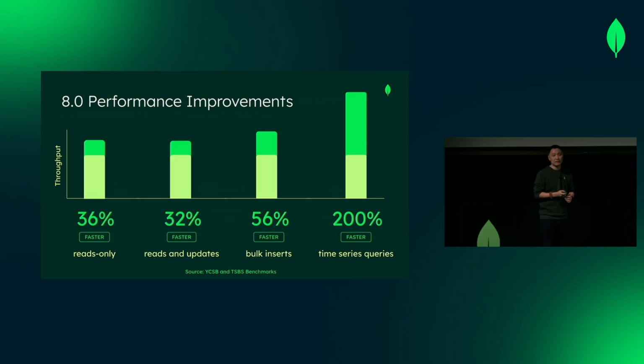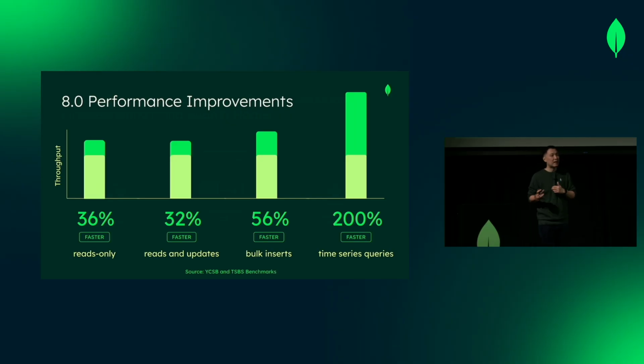Last but not least, I want to present some of the performance improvements we have made in MongoDB 8.0 by showing you some data from industry standard benchmarks. First is the YCSB benchmark, which is the industry standard key-value benchmark. We made the read-only YCSB queries 36% faster compared to the previous version of MongoDB.